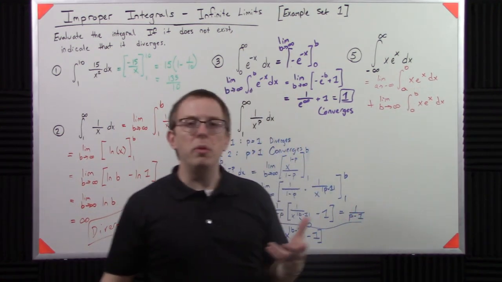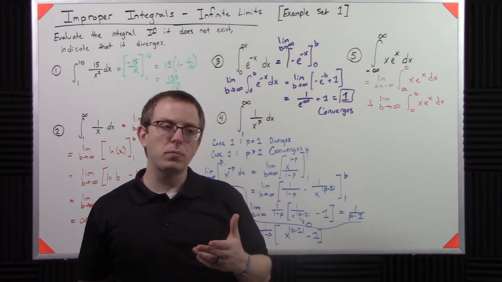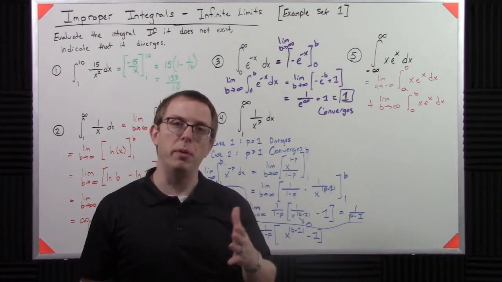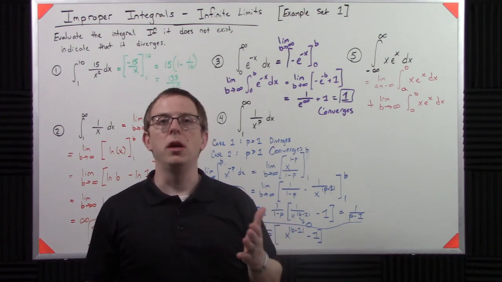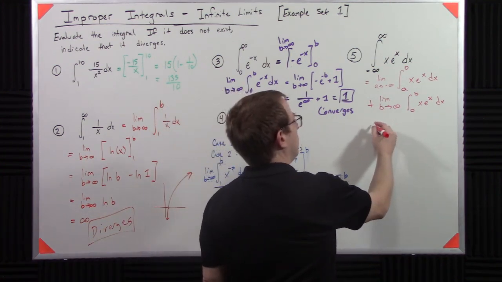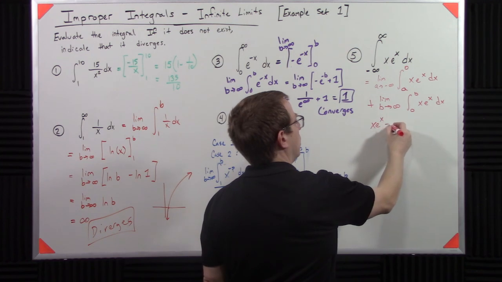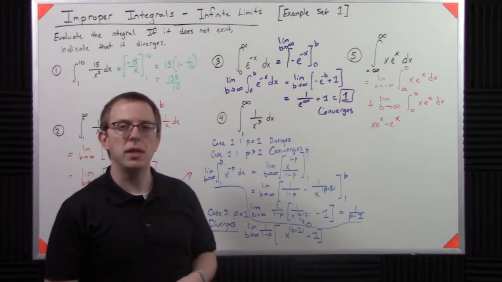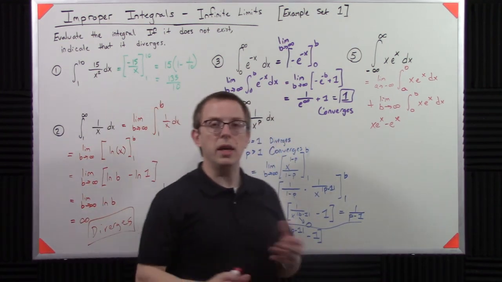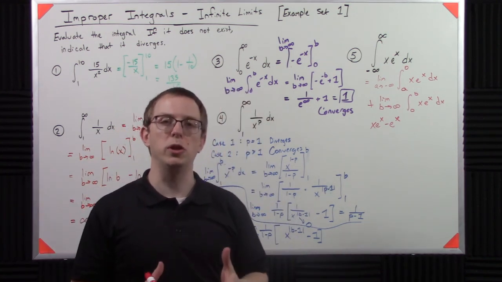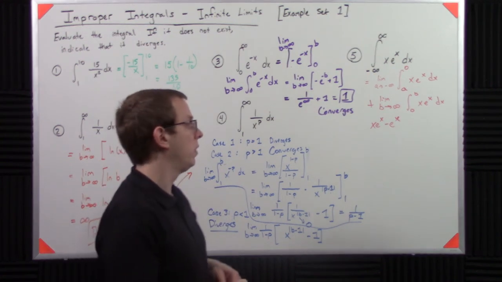And you may not remember this, but the antiderivative of x e to the x dx, you apply integration by parts. And if you apply integration by parts, what you get is x e to the x minus e to the x. Hopefully you are comfortable enough with integration by parts that you could have gotten that yourself.